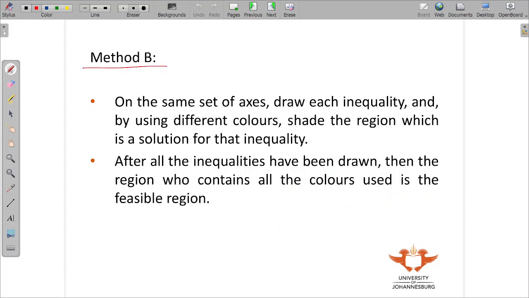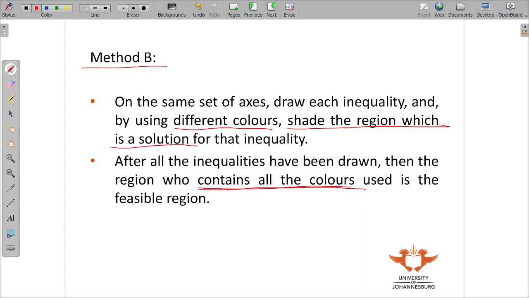The second method, as you will already assume, is that we are now shading the region that is the solution. If you shade each of the inequalities with a different color, then the region that is the solution will contain all the colors used.